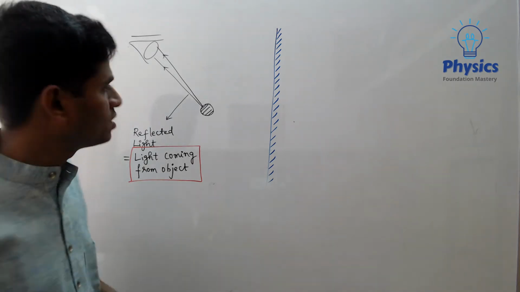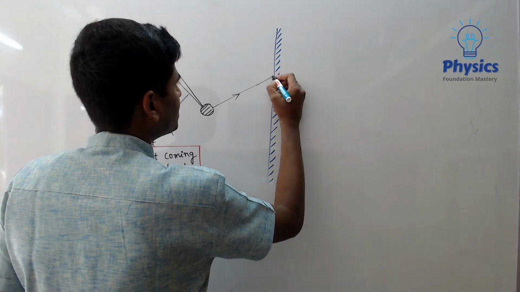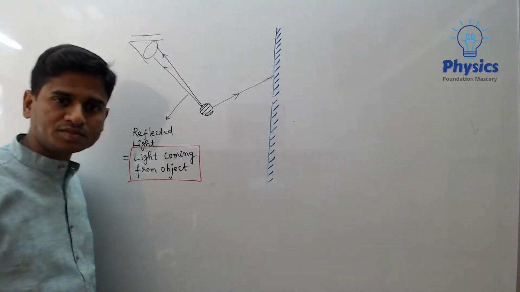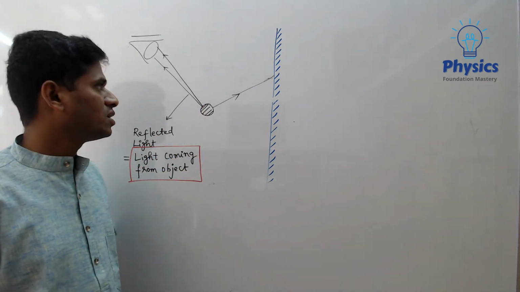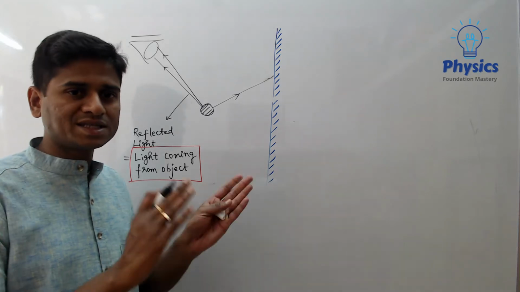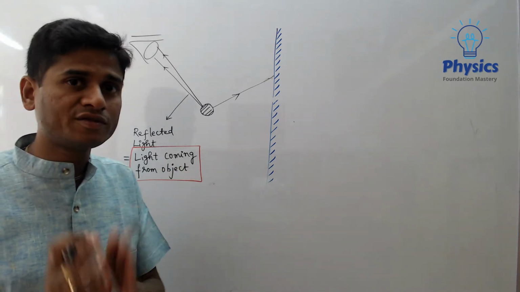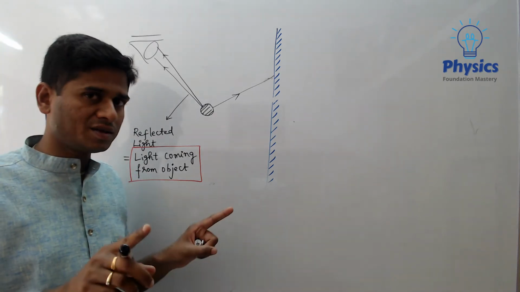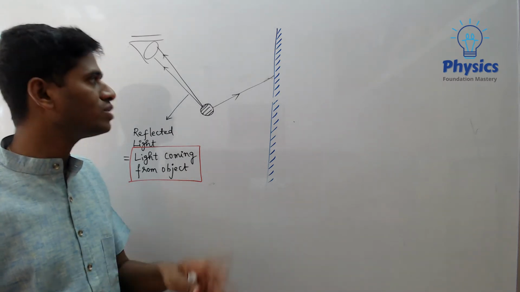Now, you also will have some rays which are incident on the mirror. Is it not true? Now, I hope you know the basic laws of reflection, which is angle of incidence is equal to angle of reflection, and the incident ray, the normal and the reflected ray all lie within the same plane. I hope you know that.